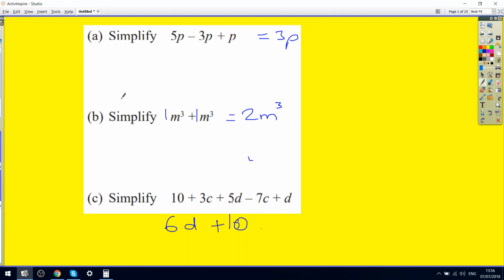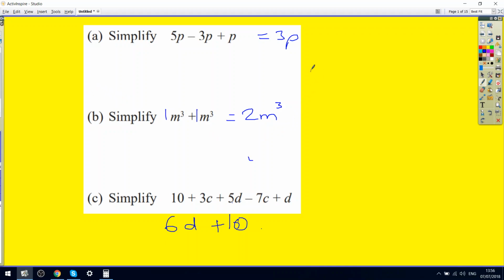Because when you plus it, it stays the same. Yeah. What's the only thing that will change the power? What you add it by. So m plus m or p plus p. So it'll be 2. You do it 2 times.